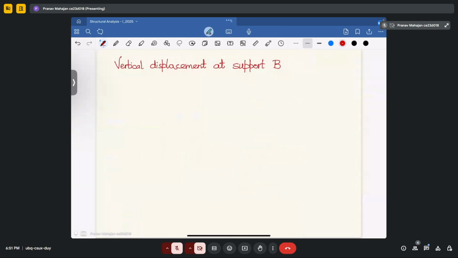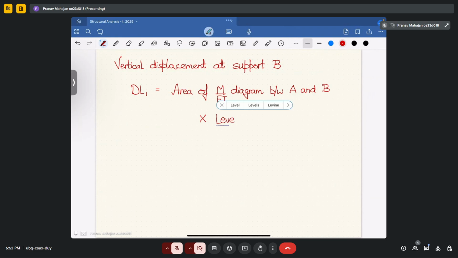Even if it is not mentioned, we are considering it to be DL1, and that will be equal to area of M upon EI diagram between A and B multiplied by lever arm with respect to B, and in this case we are dividing it into one rectangle and one triangle.